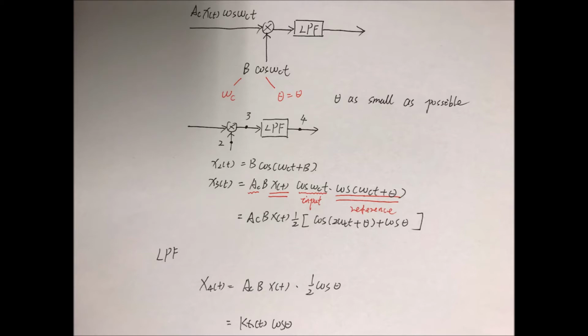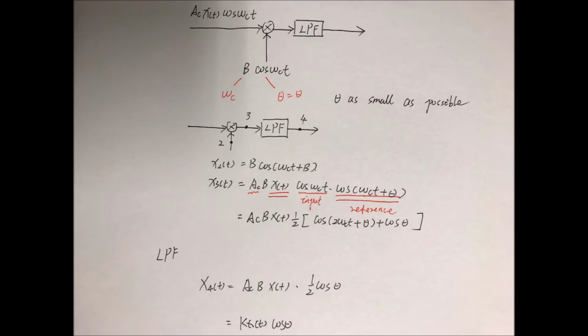We have A_c B over 2, half cosine theta, times x(t). So my signal will be scaled by a constant times x(t), but modified by cosine theta.